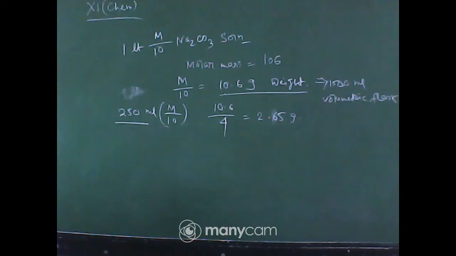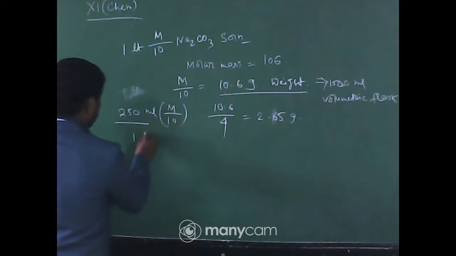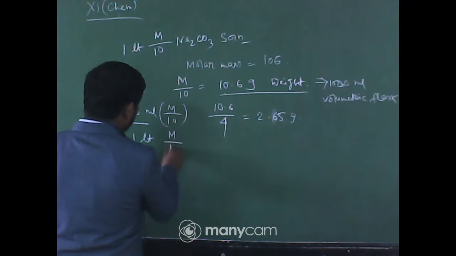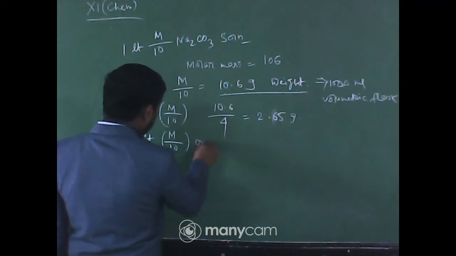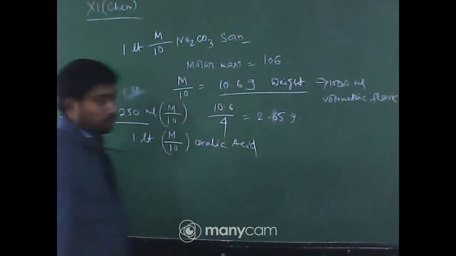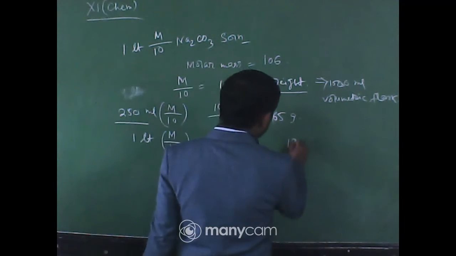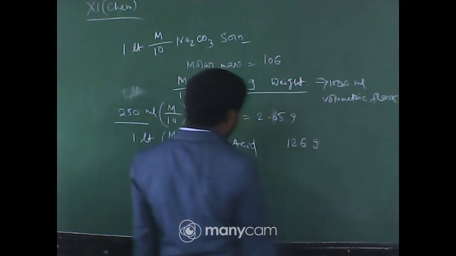In the same way, how to prepare 1 liter of M/10 oxalic acid? Just like the previous, the molar mass is 126 gram.